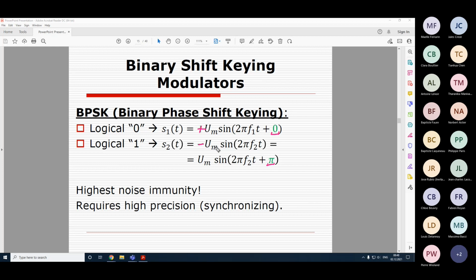So these signals are the most different. Of course, it can be not so obvious if we look at them by eye. For example, if we compare the difference between signals of different frequency and the difference between these two signals, which differ only in their initial phase, they do not look that different. However, mathematically, this case is the most different signal, which gives the best noise immunity to this modulation type. Actually, this is the best noise immunity signal.